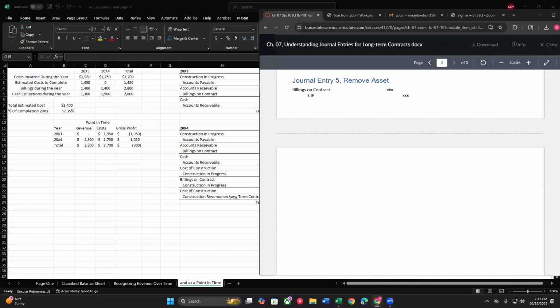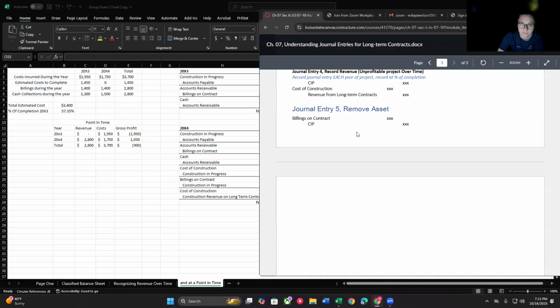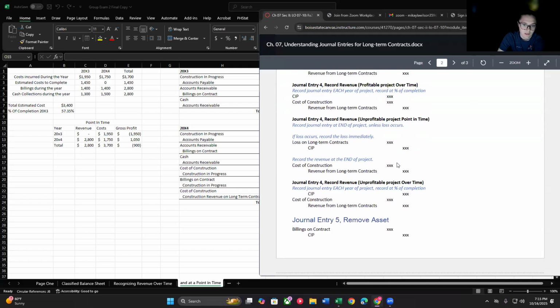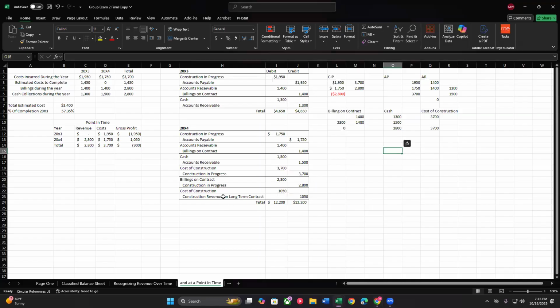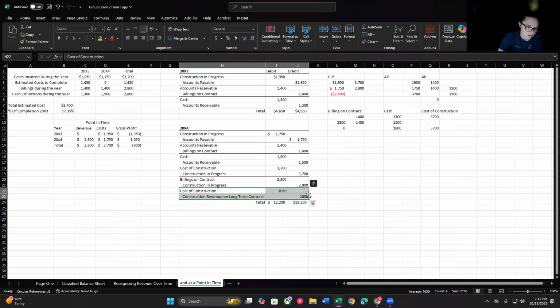Is this for the at point in time one though, and not the other one? This is for both of them. Okay. The only part that's different between at point in time and over time is journal entry 4. Okay. So billings on contract and CIP are supposed to be the last one. And then why do we have the construction? Because we added it in afterwards.